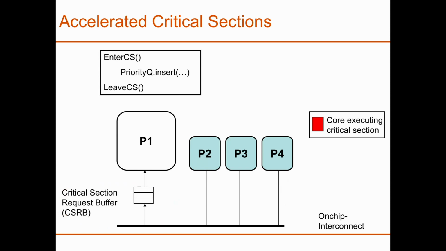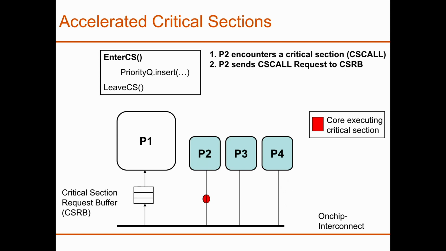Okay, so we add this queue of critical section execution requests, called the critical section request buffer. Let's assume that a small core encounters a critical section call. This is designated with a special instruction, CS call, that's added to the instruction set architecture. That gets communicated, and P2 recognizes that it's a critical section. So P2 sends a critical section call request to the critical section request buffer in the server, which is the large core.